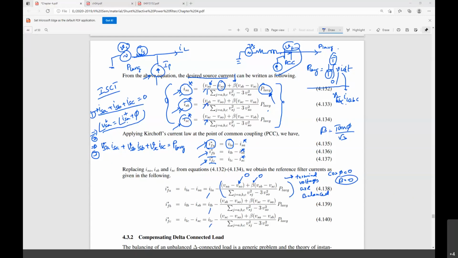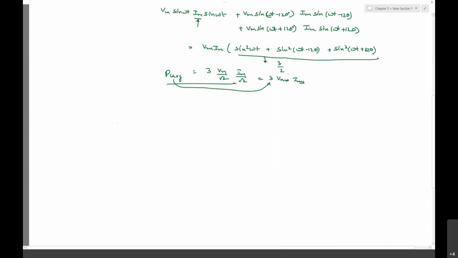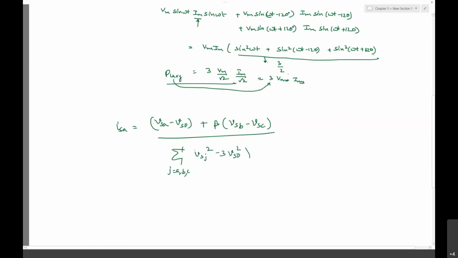Now what we get is the reference source current ISA equal to VSA minus VS naught plus beta times VSB minus VSC, divided by the summation over J equal to ABC of VSJ square minus 3 VS naught square, times PL average.